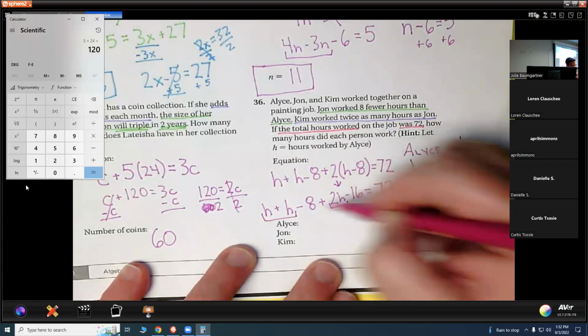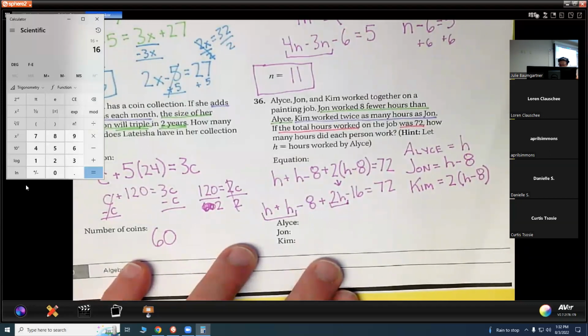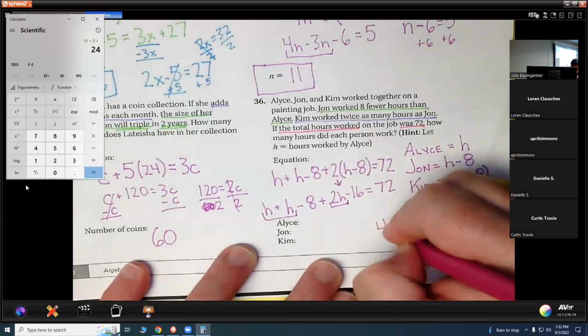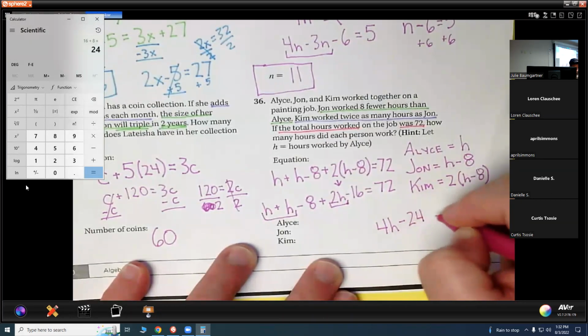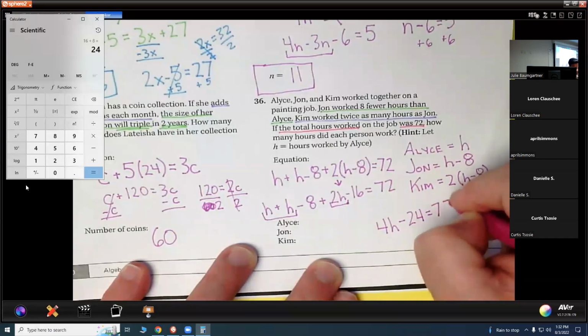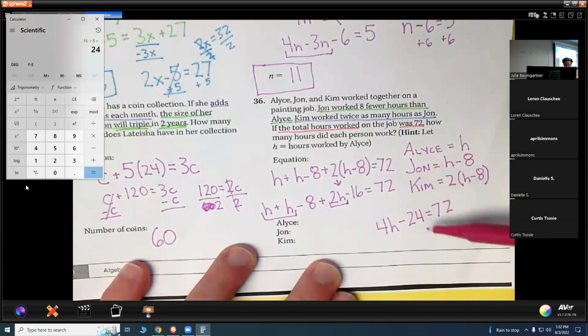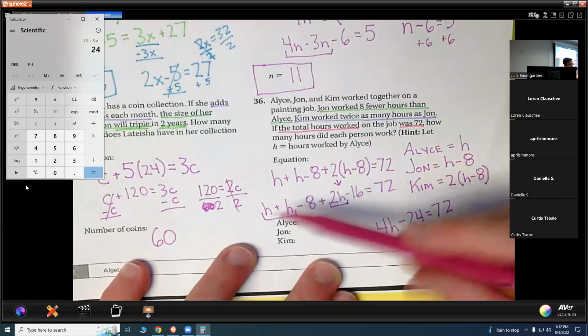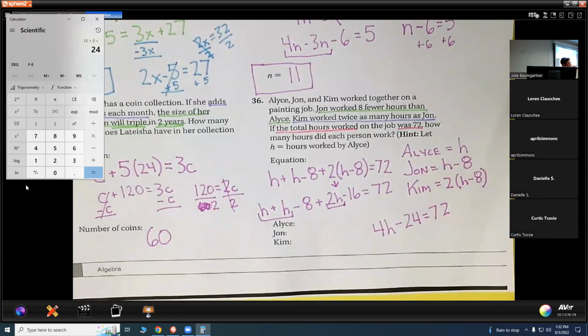And then minus 8, minus 16, negative 24. So now I have 4H minus 24 equals 72. Does everyone feel good about going from here to here? Yes. Okay. I've combined my like terms. They were all on the same side, so I didn't have to do any opposites.